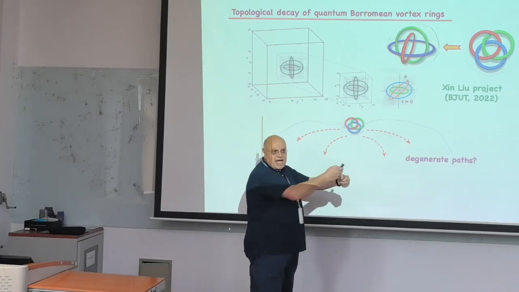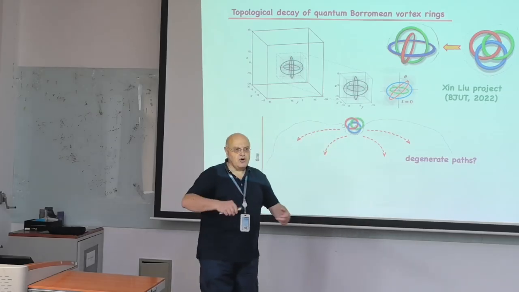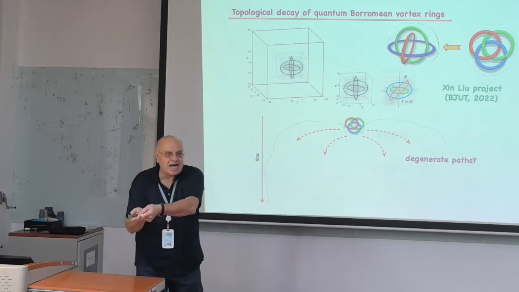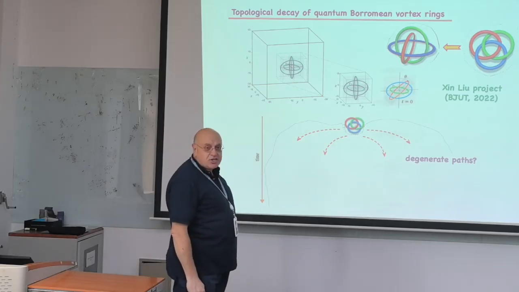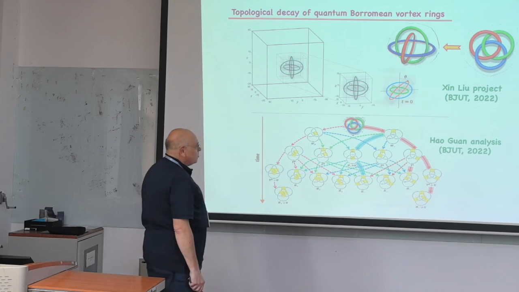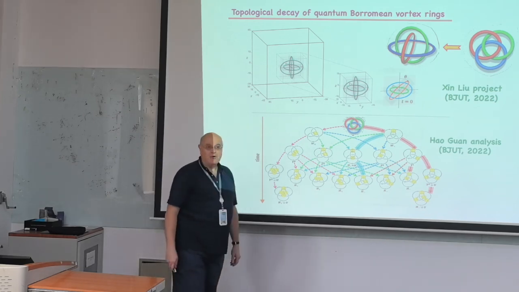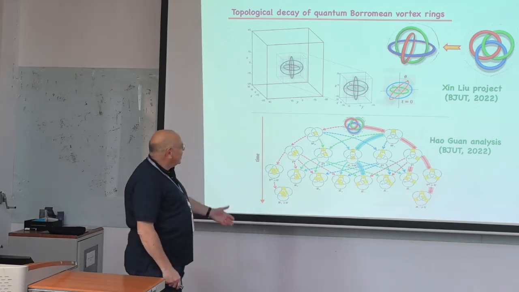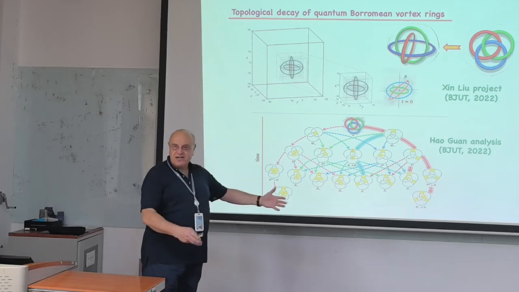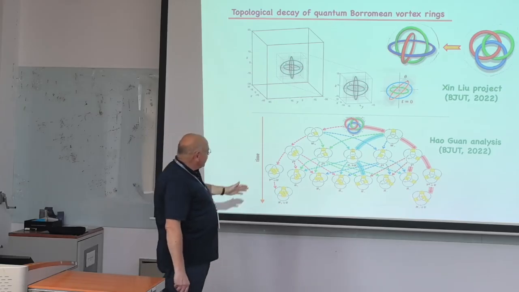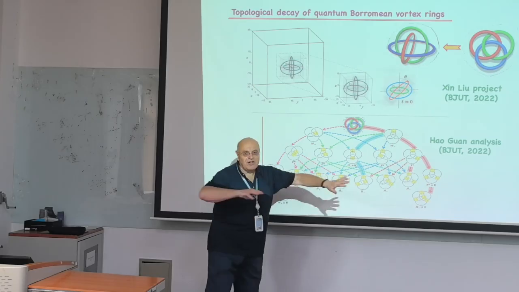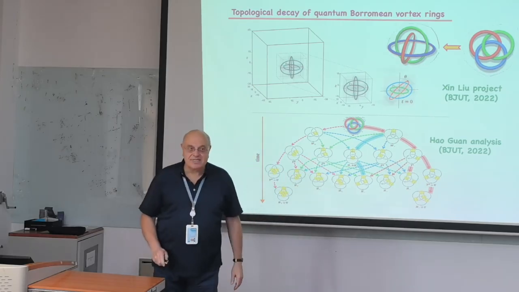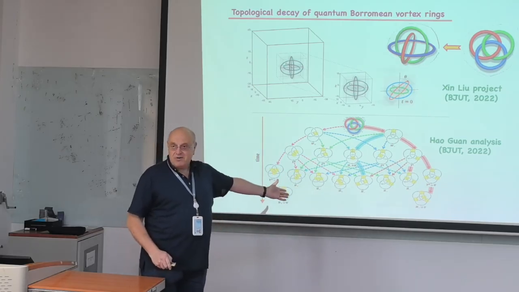It gets very entangled, not entangled at all, locally entangled. So the patient person was or is Hao-Guan, and Hao-Guan provided, after a little bit of work, a diagram of all possible decaying paths. This is remarkable in itself.